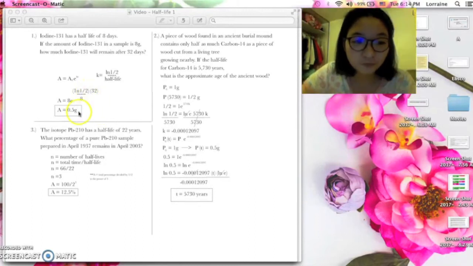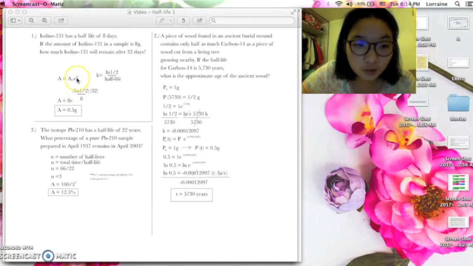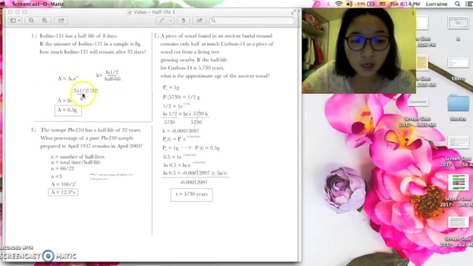And then since it's an exponent k, we substitute k here with ln of 1/2 over the half-life, which is 8 days.